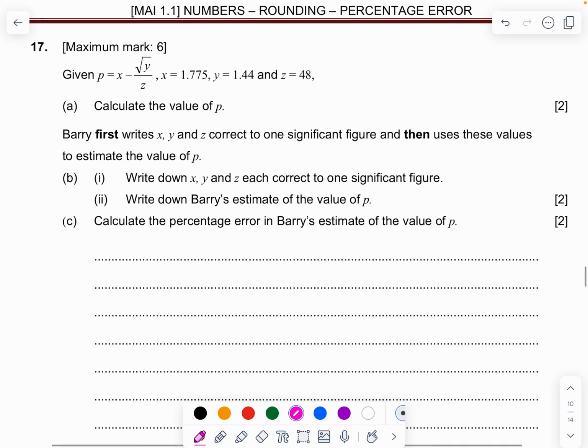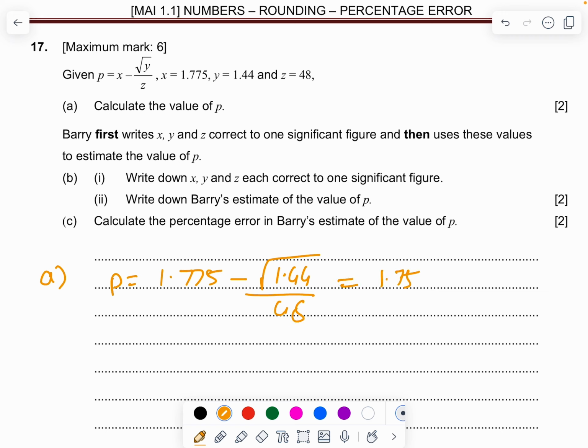Question number 17. Calculate the value of P. So P equals 1.775 minus square root of 1.44 divided by 48, which becomes 1.75. Write down the value of x, y, z in one significant figure.